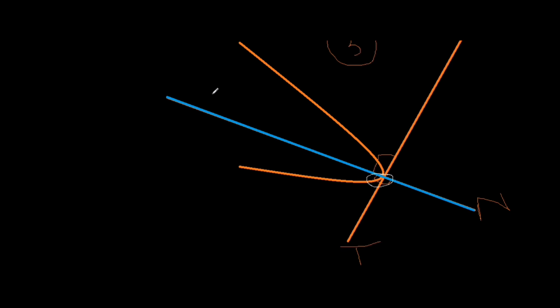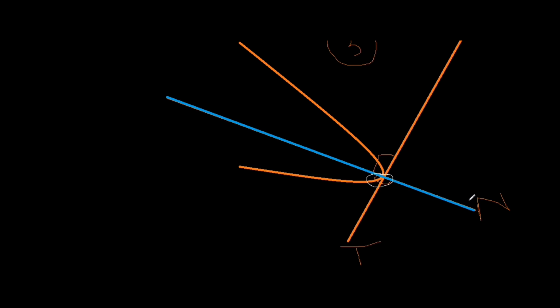So what am I going to do? Well, I'm simply going to draw the tangent to that point, and it's going to be this line labeled T. And then I'm going to draw a straight line that is perpendicular to the tangent at that point, and it's this blue line here labeled the normal.